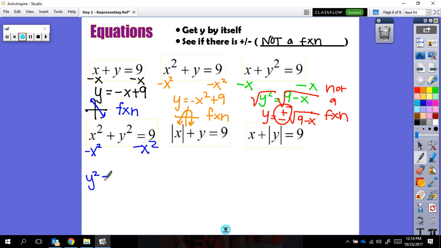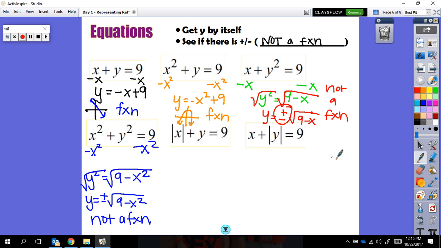So I get y squared equals 9 minus x squared, square rooting again. So there's that plus or minus that's going to pop out. 9 minus x squared. Okay, so this one is a no, not a function.